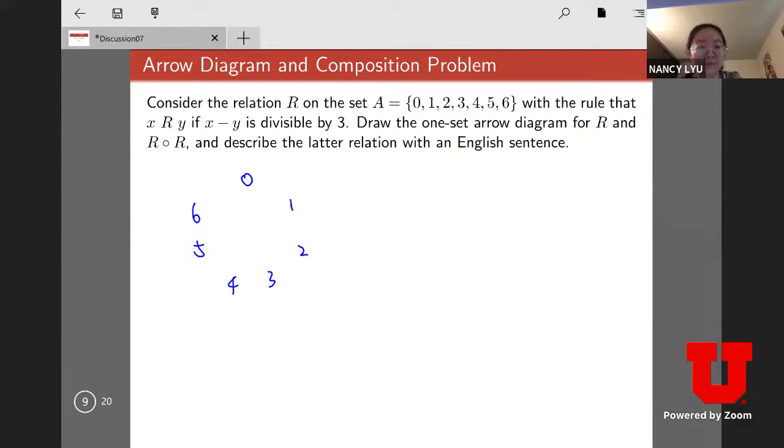So how does it go? X minus Y is divisible by 3. Also remember the negative ones. -3 is also divisible by 3. Also, 0 is divisible by 3, right?